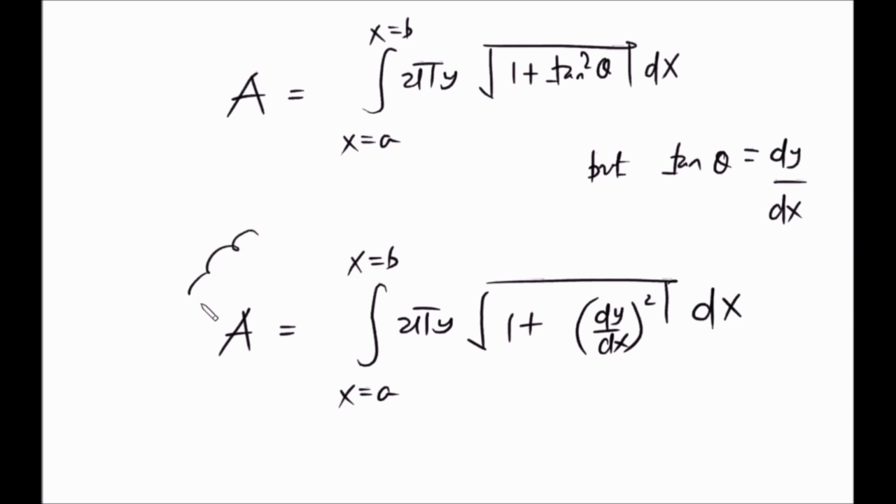So this is the formula for finding areas of surface of revolution. 2 pi is a constant, so we take it outside.